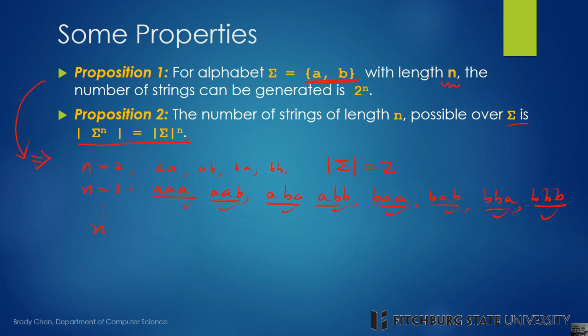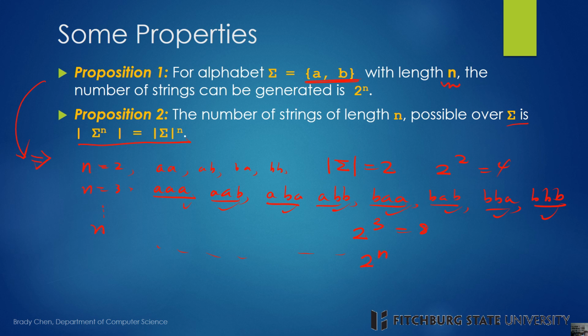So then the language we can generate with n equals 2 is 2 squared, which is 4. Now, next one, n equals 3, sigma is still 2, and the language we can generate is 2 to the 3, 8. So then we can assume that for general n, the number of strings that can be generated is 2 to the n.